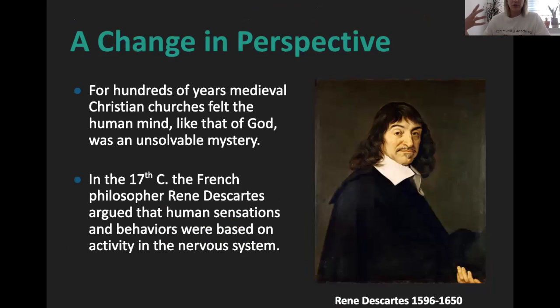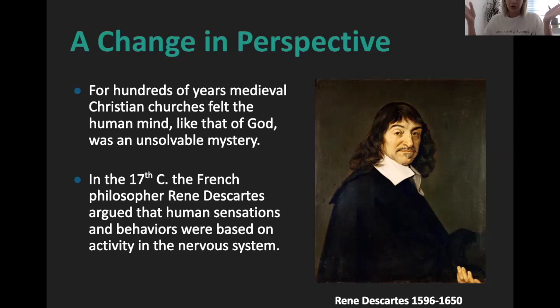So for hundreds of years, Europeans really clung to this idea of the mind being something that is beyond human comprehension. Like God, you can't ultimately ever completely understand it.